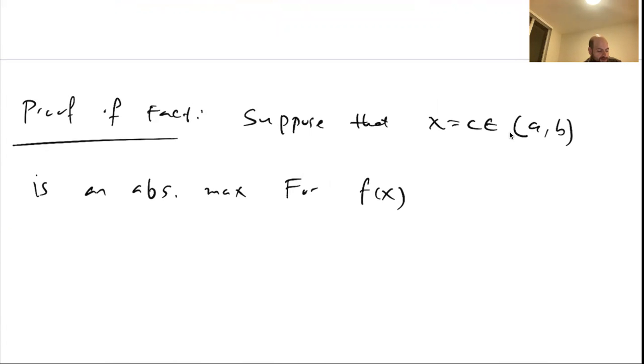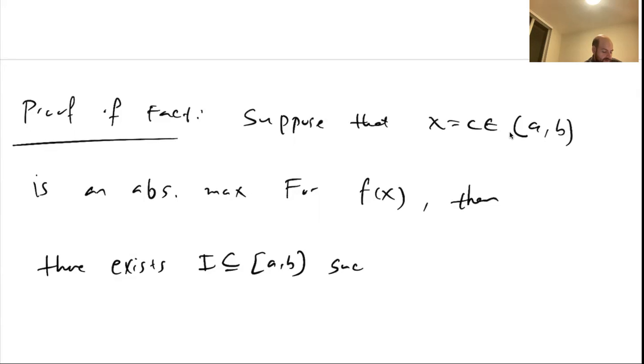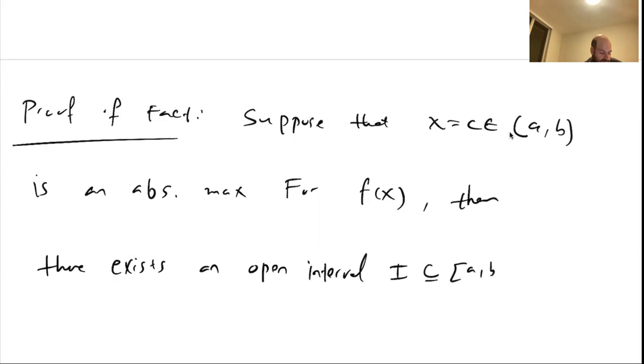So then, first of all, I want to say that there exists an open interval I inside the domain such that c belongs to I.